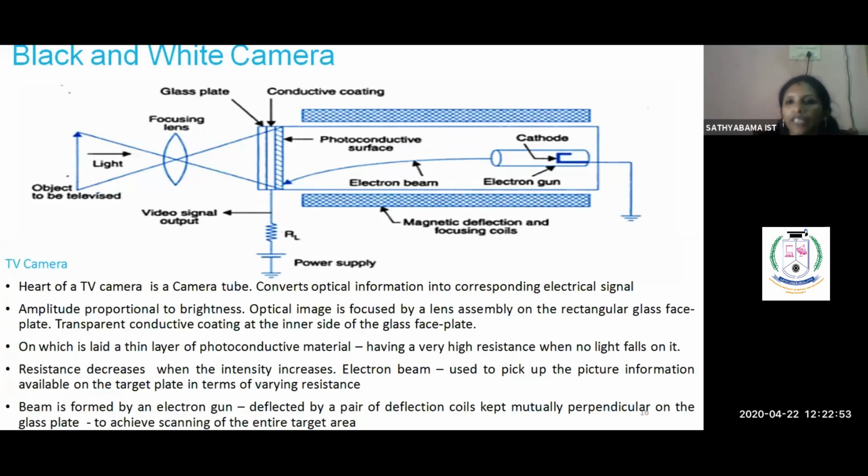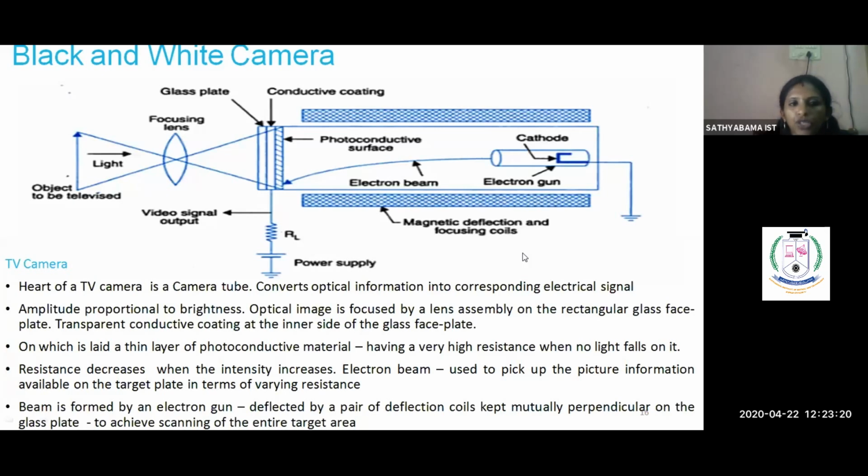The heart of the TV camera is the camera tube, or picture tube, generally called the picture tube. It converts the optical information into an electrical signal, which is then transmitted by means of amplitude. The amplitude is proportional to the brightness, so as the amplitude increases, brightness increases.